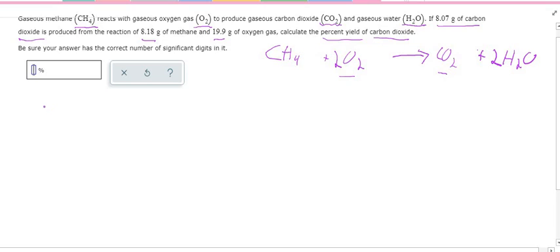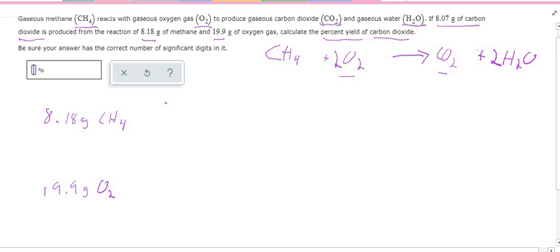So let's go ahead and write down and set this up how I would do it. The first thing I have is 8.18 grams of methane. So I'm going to start with that, and then down here I have 19.9 grams of oxygen. Those are my two reactants.